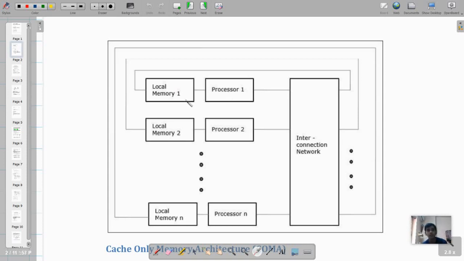For example, local memory 1 is attached to processor 1 and acts as a local memory to processor 1. Again, local memory 2 acts as a local memory to processor 2, and so on.